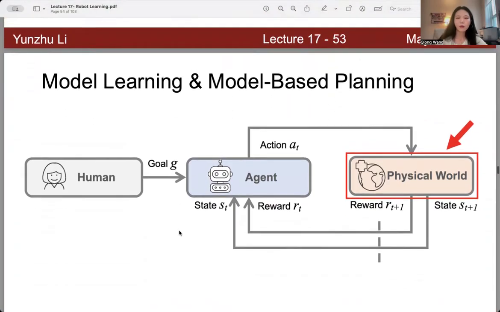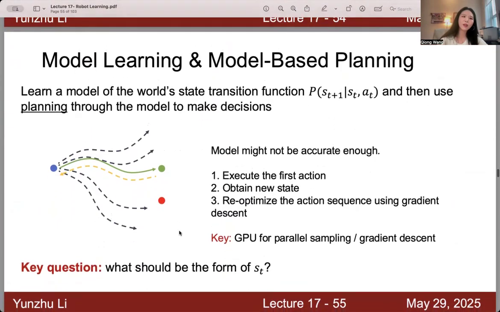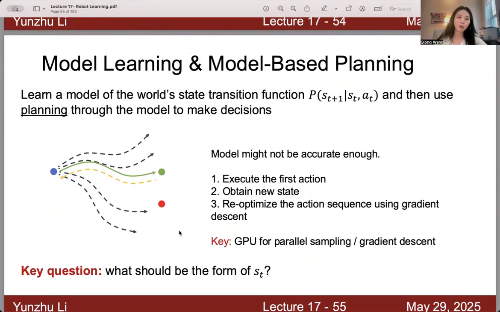Next topic, we will talk about model-based planning in the physical world. Learn a model of the world's state transition function P, and then use planning through the model to make the decision.